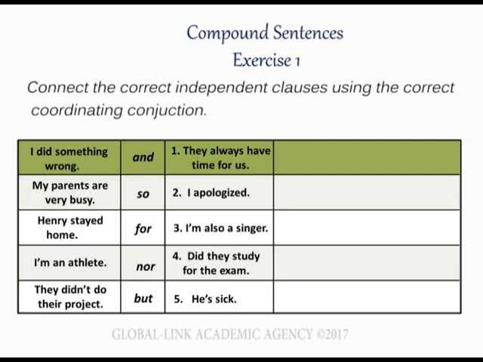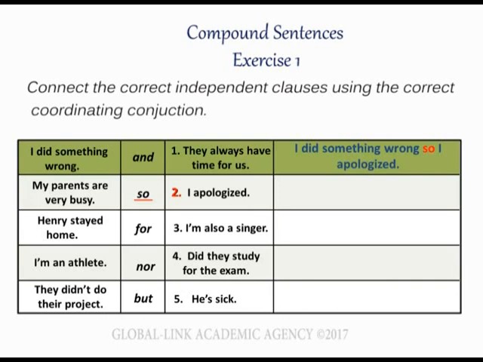Let's start with the first one. I did something wrong. What do you think is the correct pair of independent clause for this? The answer is I apologized. How about the conjunction? The answer is so. I did something wrong, so I apologized.